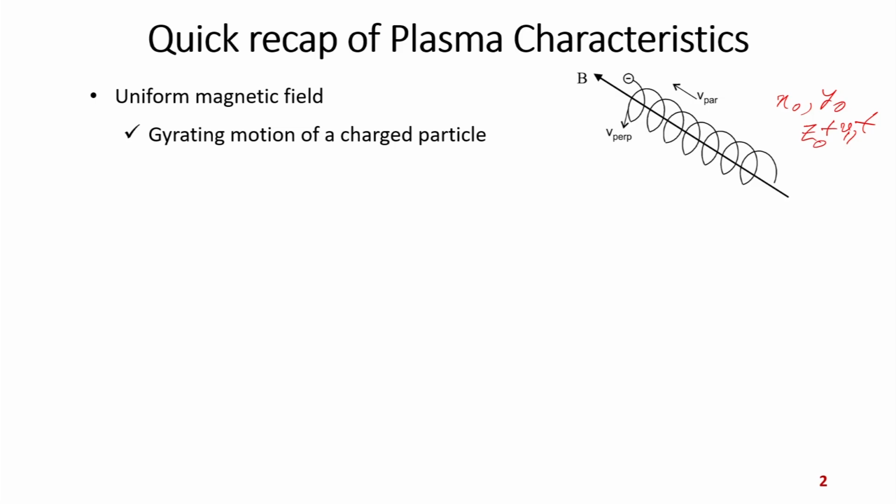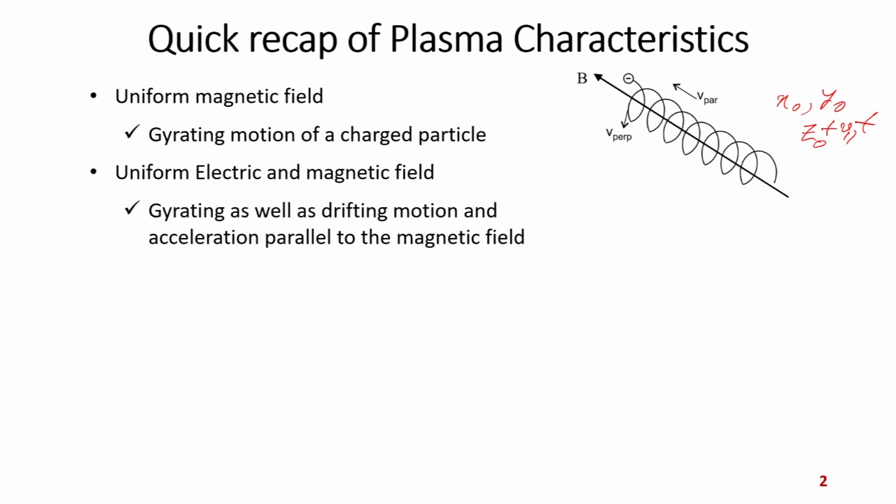at what angular velocity it is gyrating. We have seen that if both the electric and magnetic field are present, then apart from the gyration, it will have a drifting motion, that is, it will drift in a direction perpendicular to both electric and magnetic field.